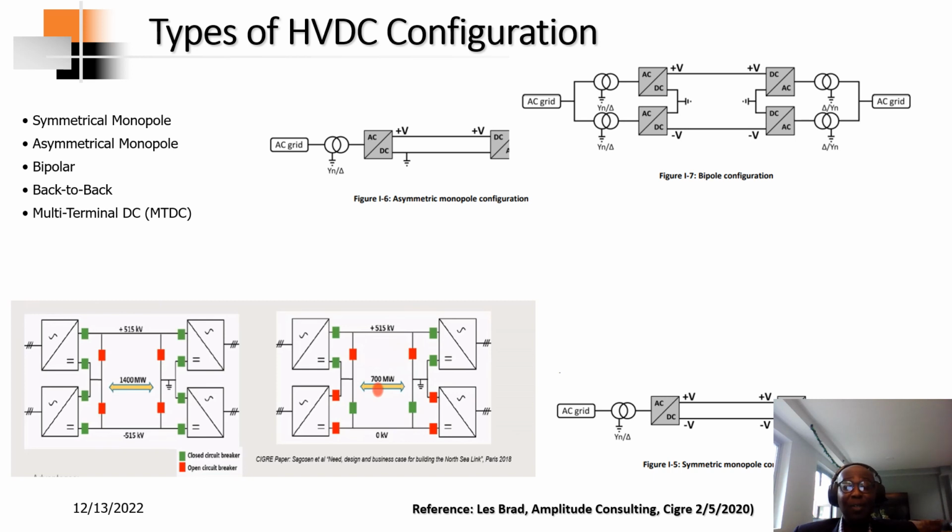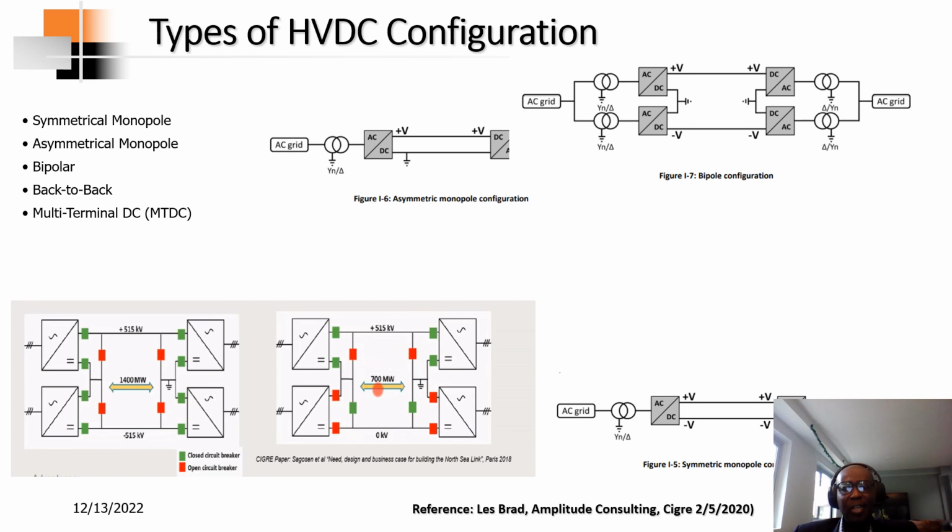I made mention of the back-to-back in the previous slides being utilized to integrate asynchronous transmission and generation networks. That is, a network that has 50 hertz and another country that has 60 hertz. You utilize the back-to-back configuration to integrate these generation and transmission networks. Then we have the multi-terminal DC configuration.